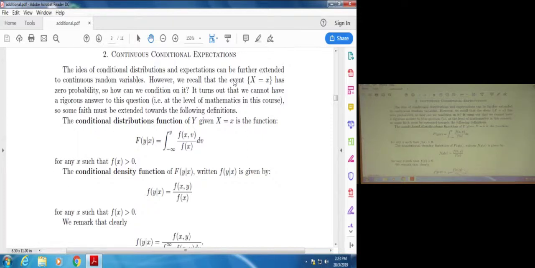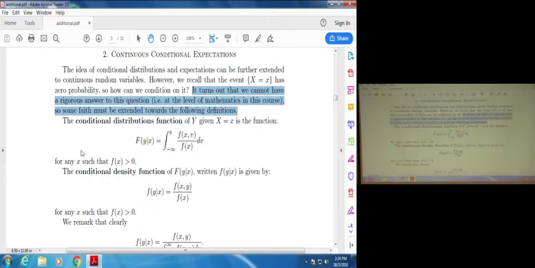In order to define a conditional expectation in this framework, one must start more fundamentally from a different mathematical perspective. Even math majors are not taught what a conditional expectation is at this level, so you're going to have to take what I say at face value, because the way to construct the definition of conditional expectation is based upon a level of mathematics which is not even taught for math majors. So you're going to have to believe what I say here.